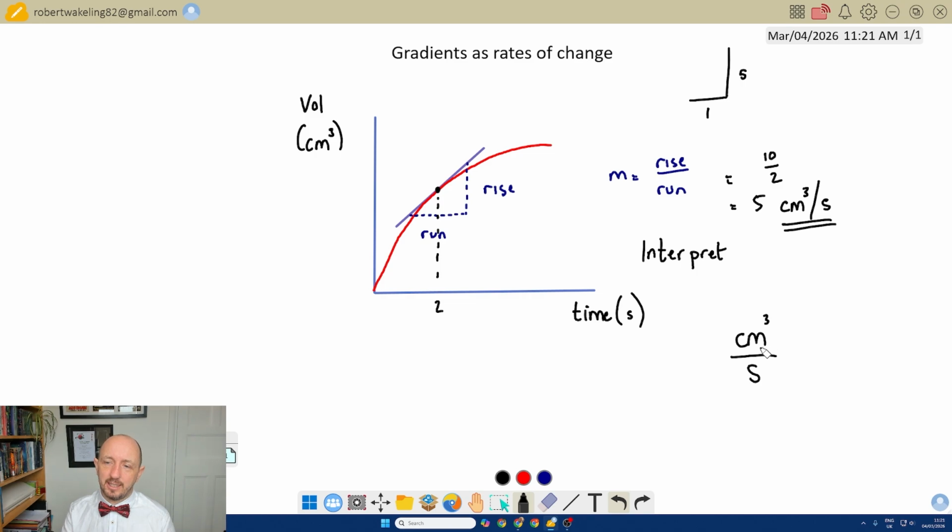If we can turn that centimeters cubed divided by s into centimeters cubed per second, this is how we can start talking about the actual rate of change. What is actually happening in this context? So give that a go. Practice putting a tangent on and remembering to do the triangle, but then continue by doing the calculation for the gradient and the interpretation with the units as well.